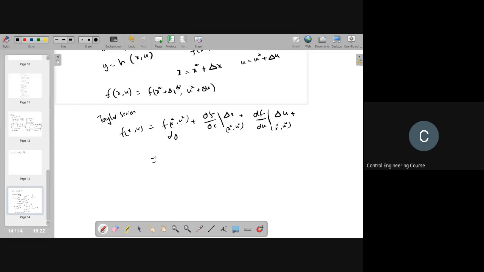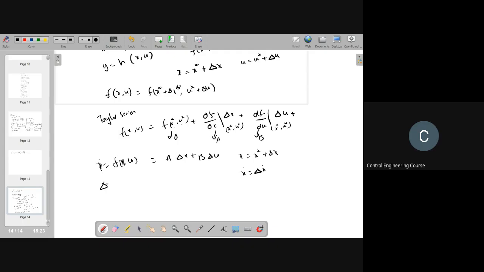That means we can write f of x comma u as dou f by dou x, which I'm writing as A, delta x plus B delta u, where dou f by dou u is B. So x dot is equal to f of x comma u, where x is x star plus delta x, that means x dot will be delta x dot.